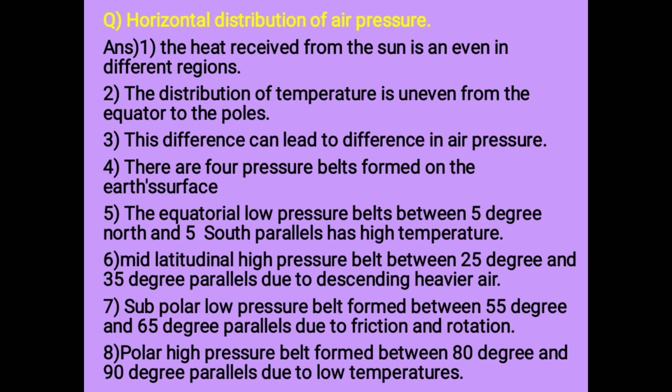Point number 7. Subpolar low pressure belt formed between 55 degree and 65 degree parallels due to friction and rotation. Point number 8. Polar high pressure belt formed between 80 degree and 90 degree parallels due to low temperatures.